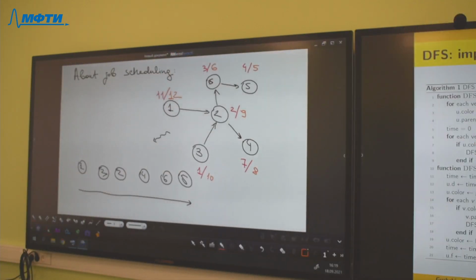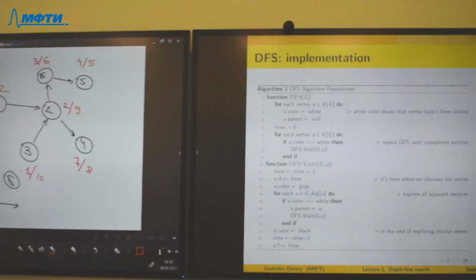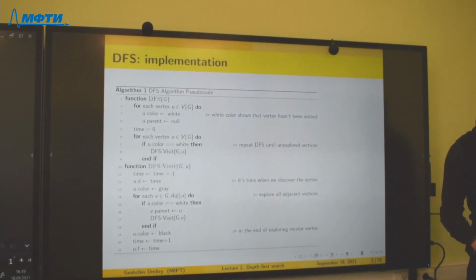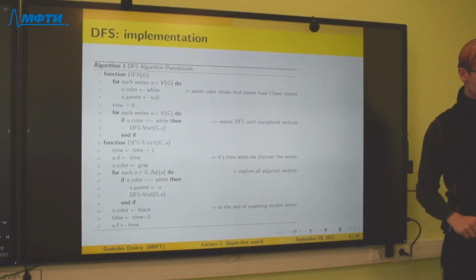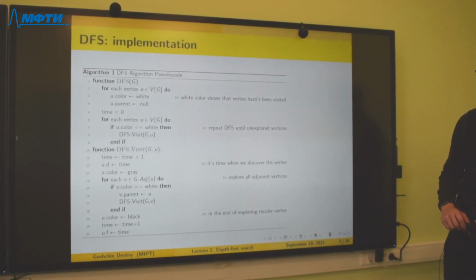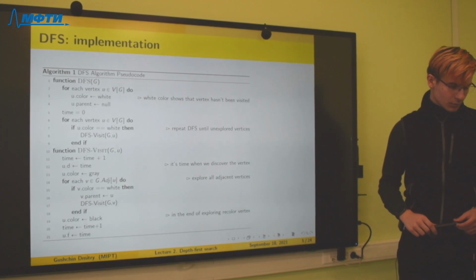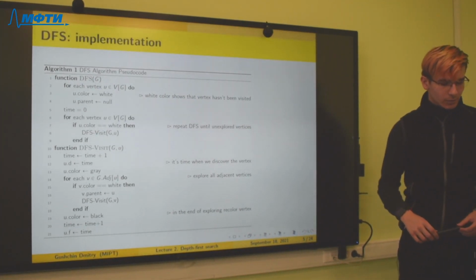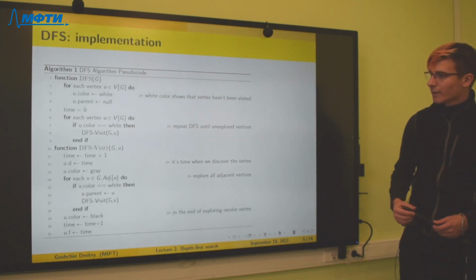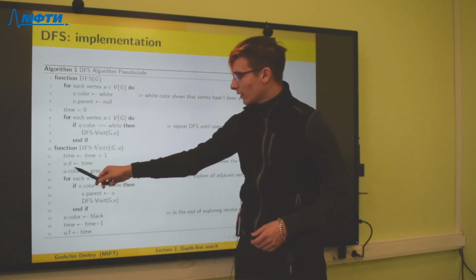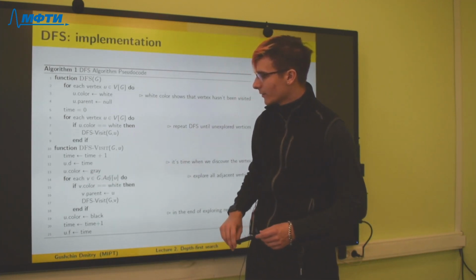Sorry, I still don't understand the logic for time in DFS. Masoud, do you understand about discover time and finish time? When we start to explore a vertex, we say that it is the time when we discover it and set the discover time to the time that we have.